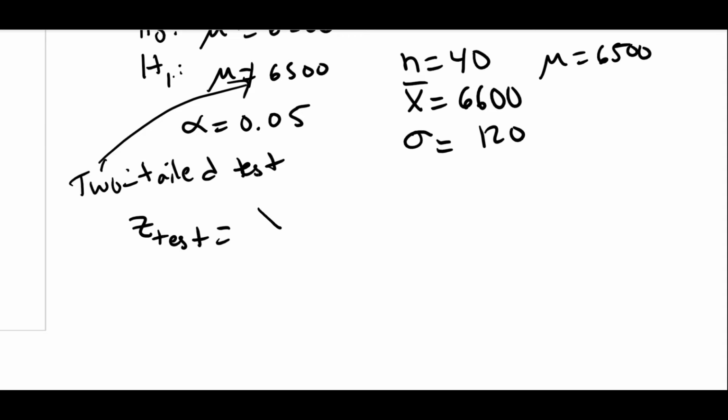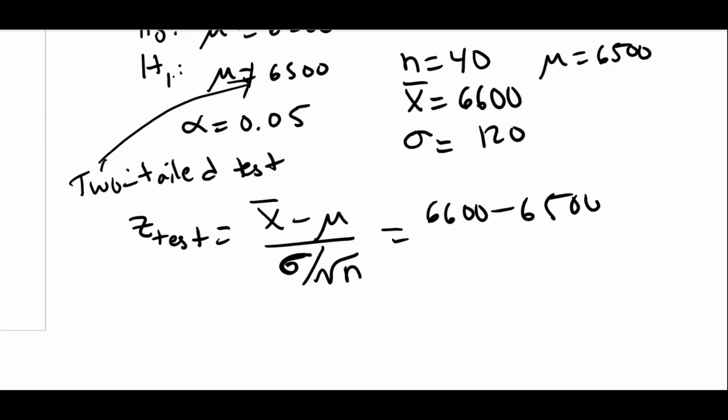Remember that the formula for the test statistic is x bar minus mu divided by sigma over square root of n. That's the formula from your notes, 8.2, I believe. We're just going to plug in our numbers. So we have 6,600 minus 6,500 over 120 over square root of 40.